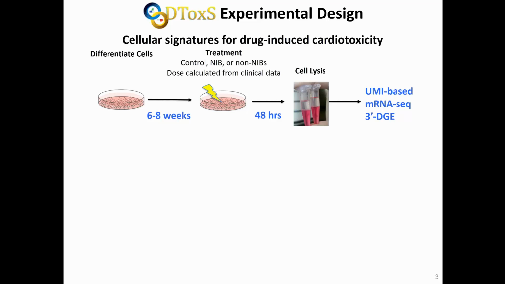The data set that we're looking at, or the aim, is to look for cellular signatures for drug-induced cardiotoxicity. So the basic experiment is a tissue culture experiment where the cells are grown, differentiated, and then we add different nibs, and they're called nibs because the last name usually ends in nib.